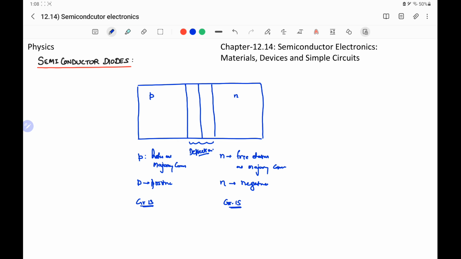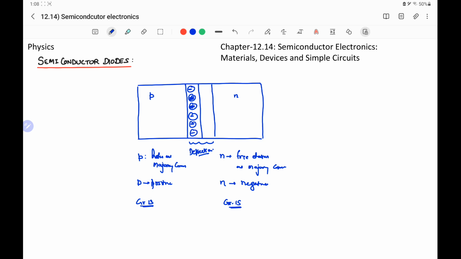It is due to the diffusion of the carriers from one region to another. Because holes are majority carriers in the P region, their concentration is higher and they diffuse into the N region, leaving behind negative ions which are immobile on the P side.